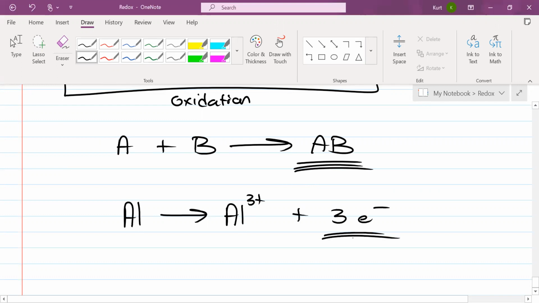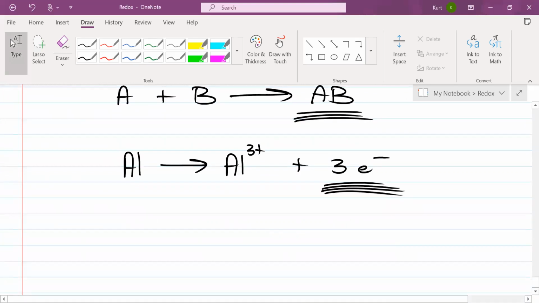I want you to look at the 3 electrons. Are the 3 electrons reactants or products? Correct, they're products. Does that mean that the electrons are being gained or are the electrons being lost? Are they on their way in or are they on their way out? The electrons are on their way out. And as I told you, I don't care how you phrase it. They're on their way out, they're being lost, they're leaving, whatever. Point is, they're gone.